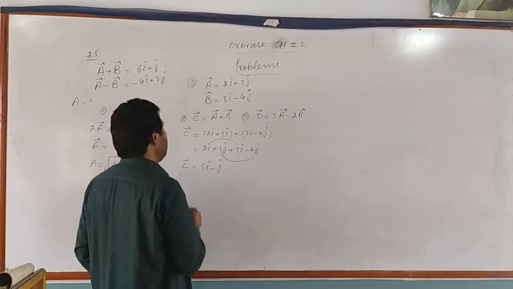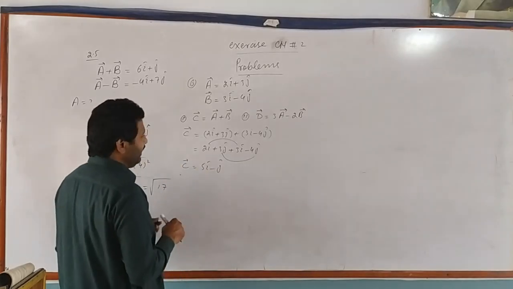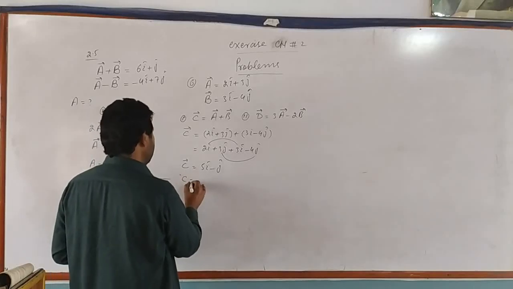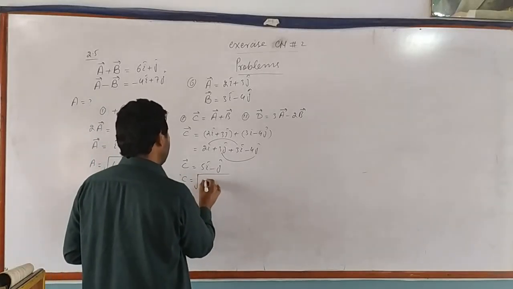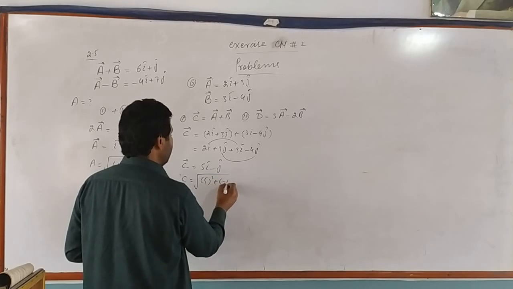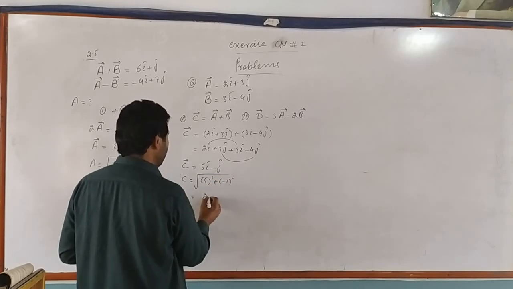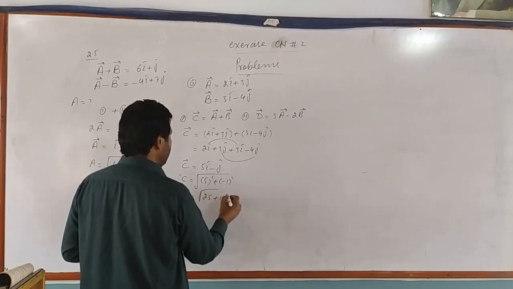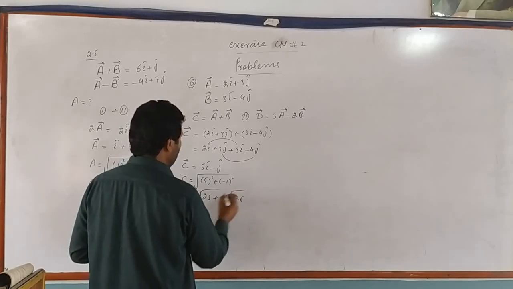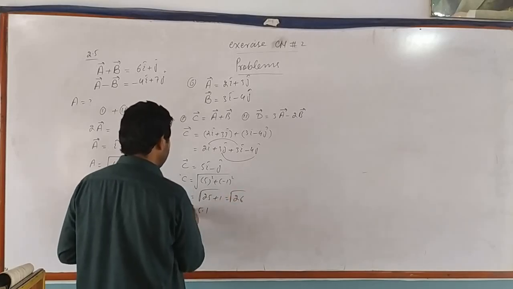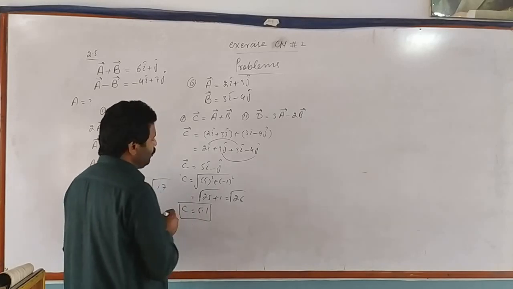This is the vector C. We find the magnitude of vector C with the Pythagorean theorem: 5 square plus minus 1 square. The resultant will be 25 plus 1 is equal to the square root of 26, which is equal to 5.1. This is the magnitude of vector C.